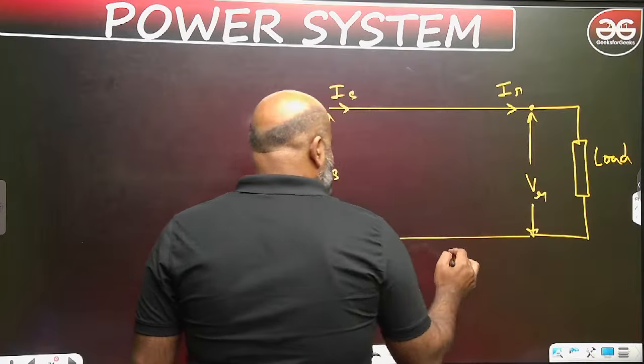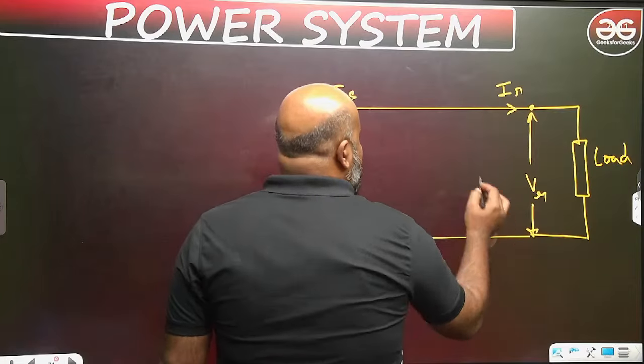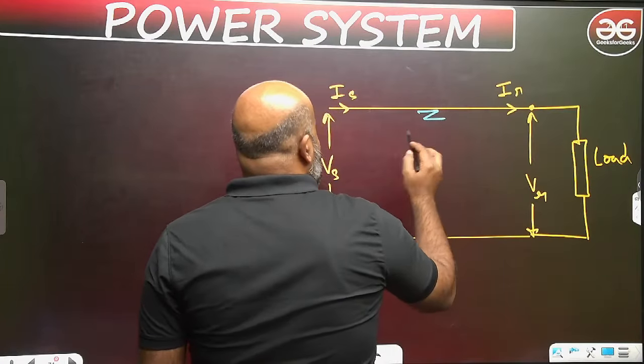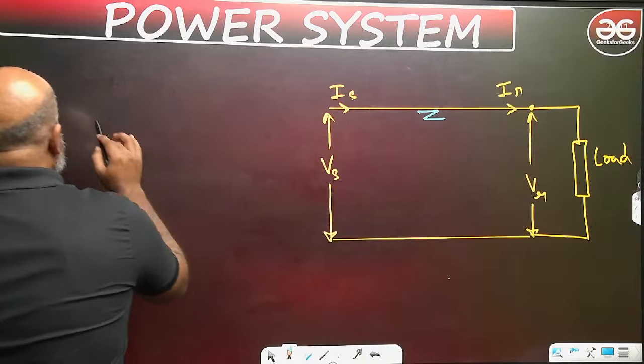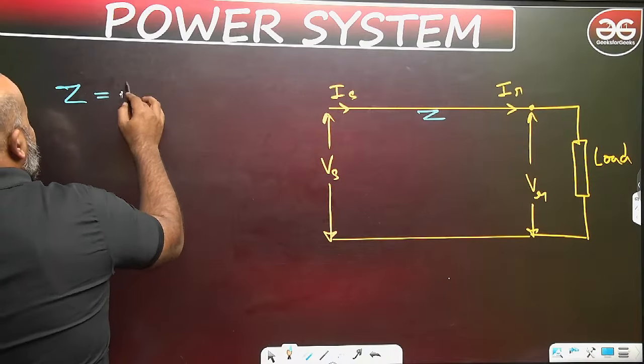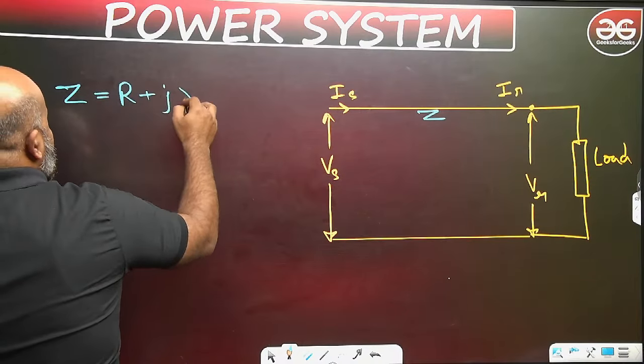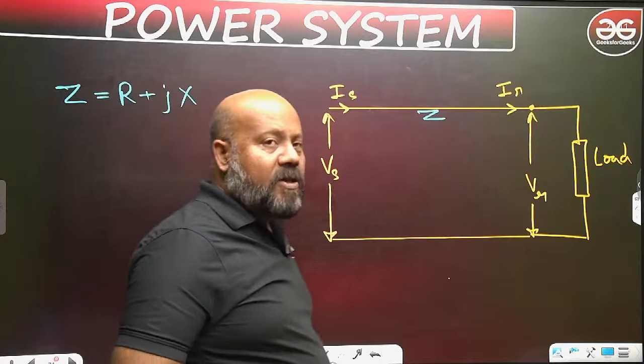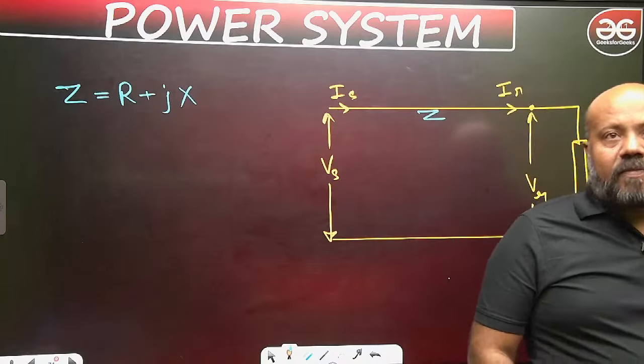Now the line impedance is here, Z. That Z is R plus jX, that is the series resistance and inductive reactance.